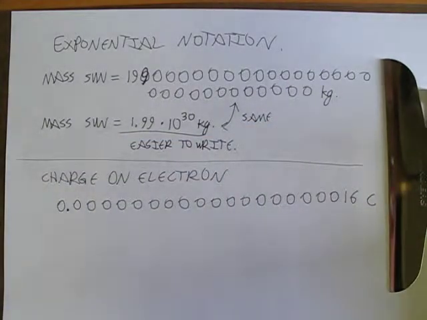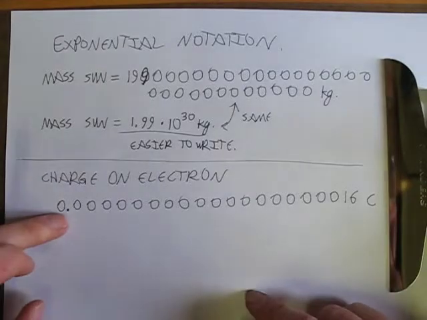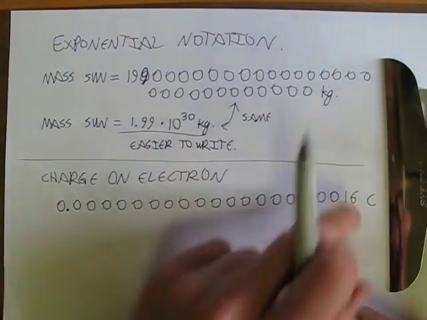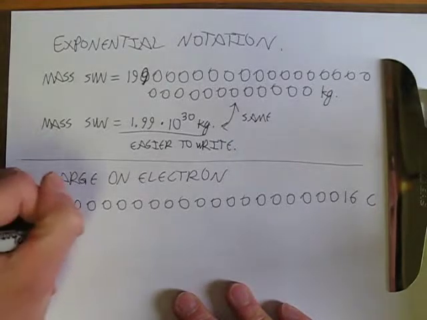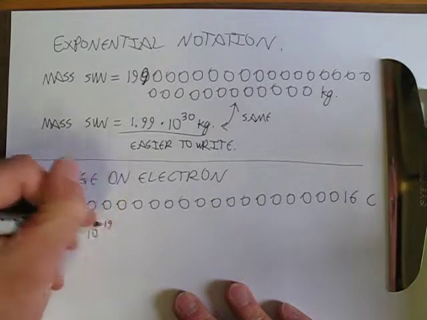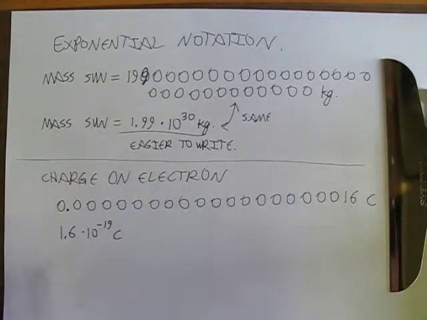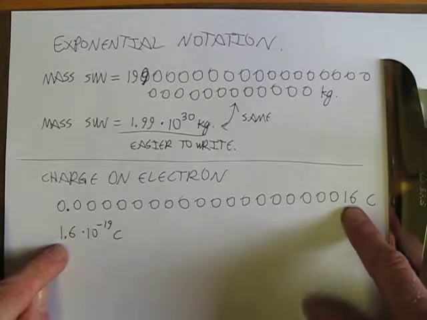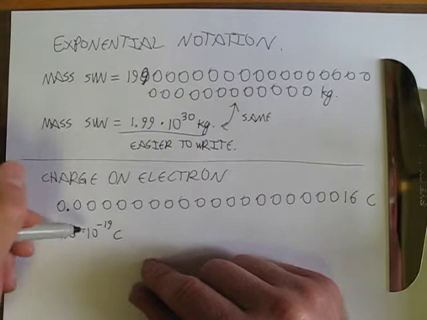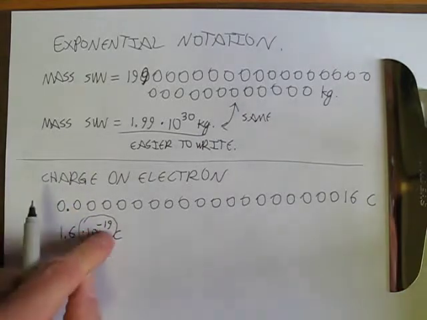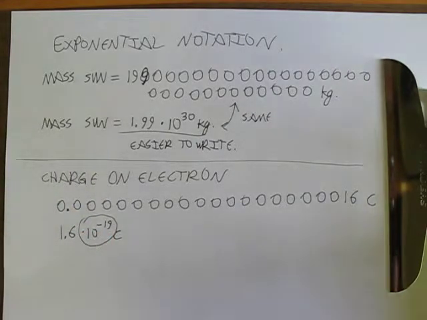There's got to be an easier way to do that. Since we're going to make it smaller, we say that's 1.6 times 10 to the negative 19th coulombs. Again, we've got the 1.6 right there, and this part counts up how many zeros we've got and whether those zeros are to the right or the left. Okay, so that was just a couple seconds on exponential notation.